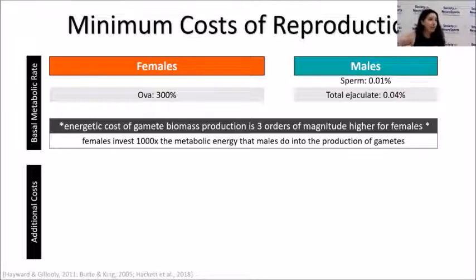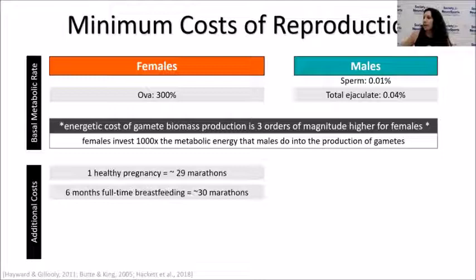If you want that female body to take that one pregnancy, say a healthy pregnancy, all the way to term, and let's say you want the kid to survive after that, so you add, say, 6 months of lactation on top of that, the metabolic equivalent of the 14 months it takes to gestate and feed offspring, you're looking at the equivalent of running about 60 marathons in 14 months.